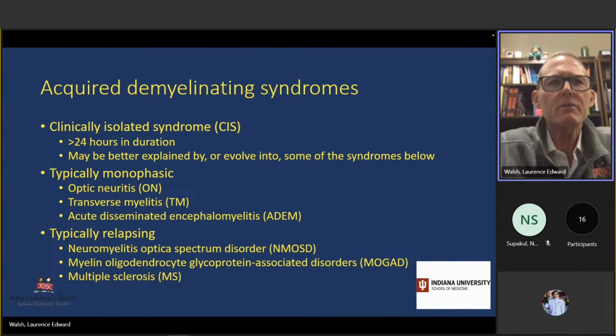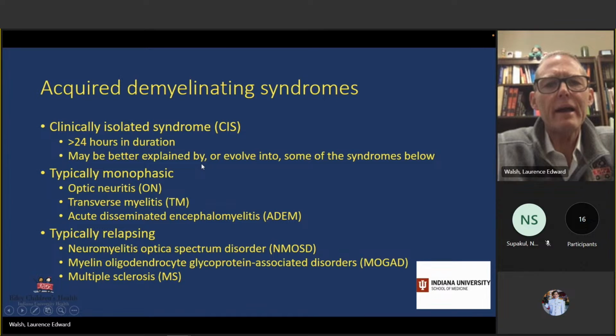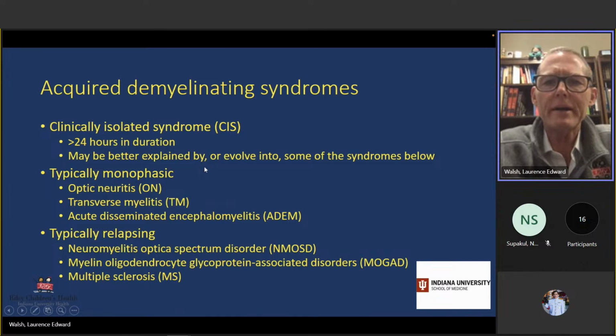It's an old term, and we don't have a better name, but it has to be over 24 hours in duration. And with a clinically isolated syndrome, you may be changing your mind later on as the child evolves.